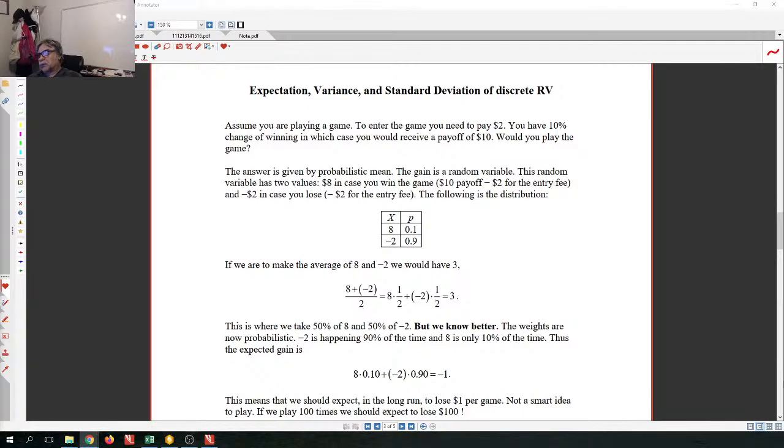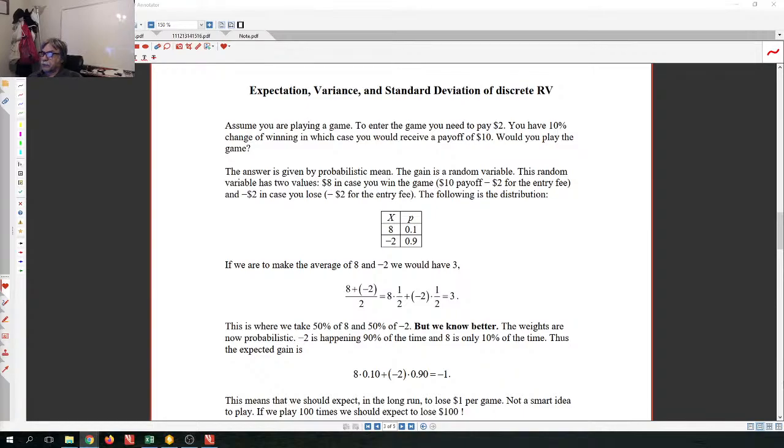I think most people would say, I don't want to play this game because I have to pay $2, and if I lose the game I will lose this $2, but if I win the game, I will only gain $8, right? Because you pay $2 for the game and you get $10, so basically your net gain is $8.